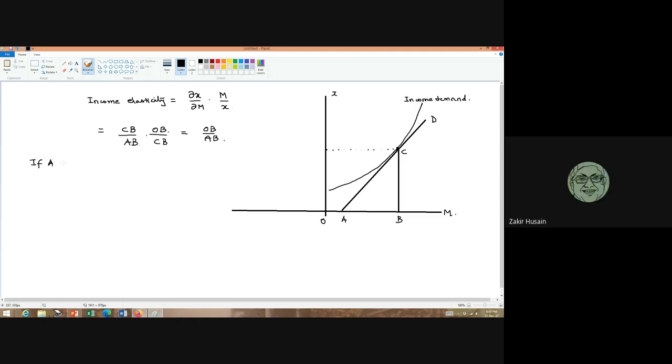So if A is to the right of the origin, OB is greater than AB. What will be the income elasticity? Greater than 1. Okay.